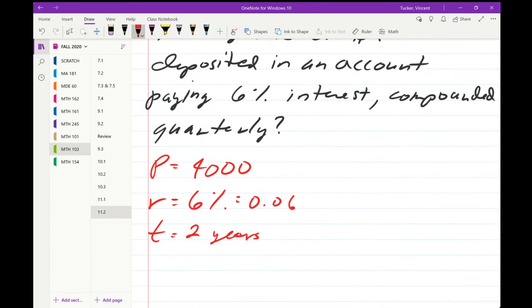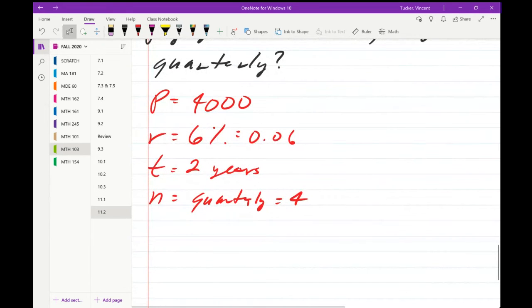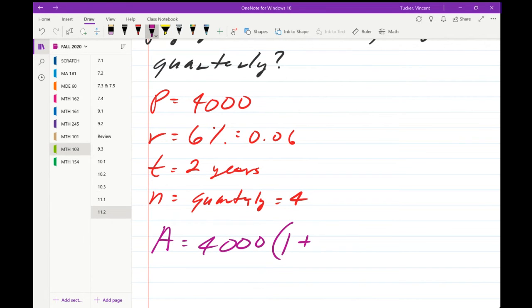And it's compounded quarterly, so that'd be 4. All right, so that's 4,000 times 1 plus 0.06 over 4, raised to the 4 times 2.